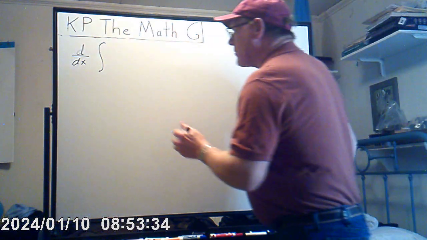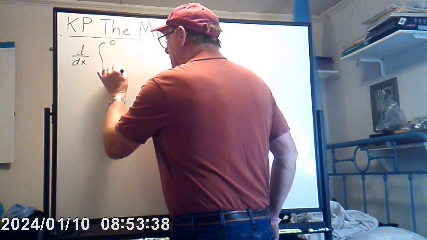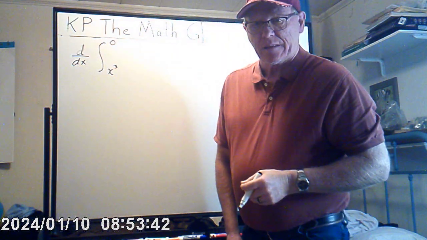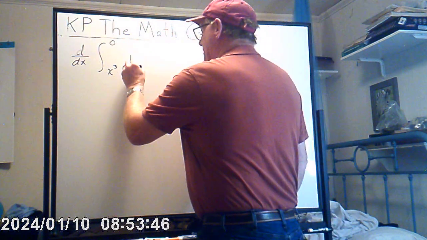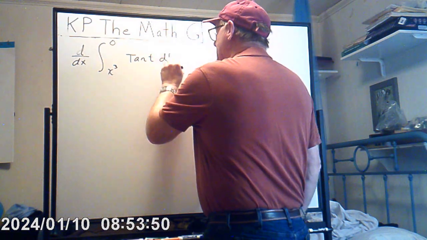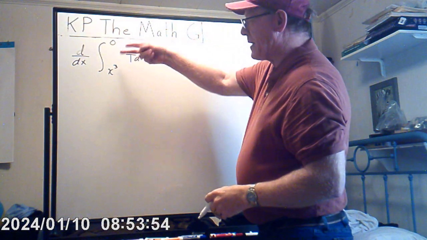If we have, let's put this again, if the variable is on the bottom, it can't be there. And let's go with still tangent t dt. We cannot do this as is.